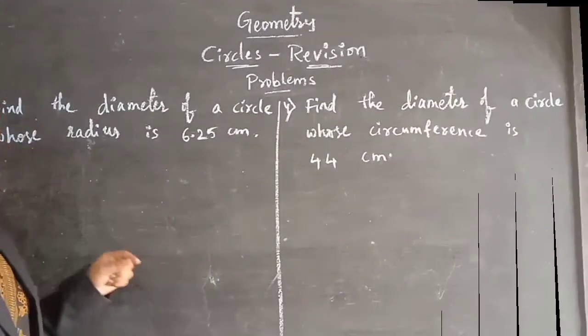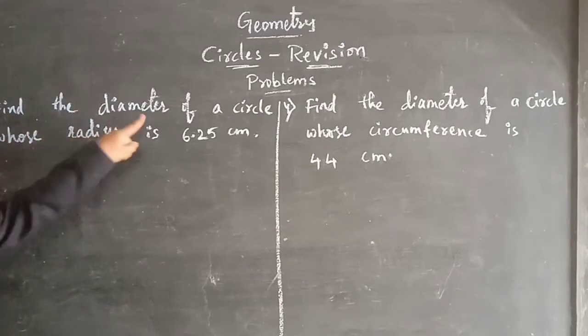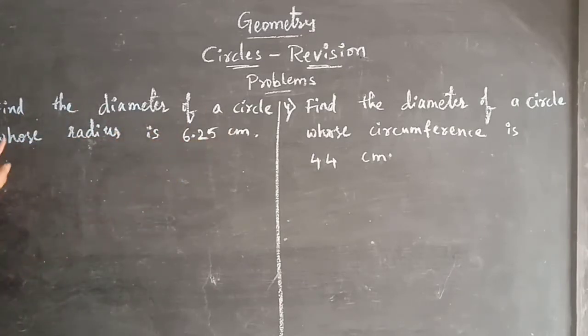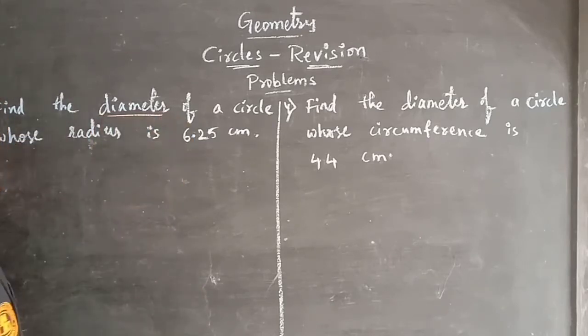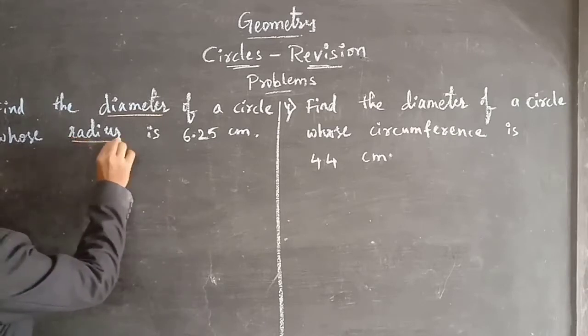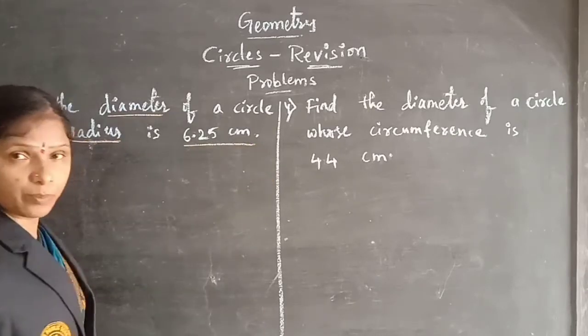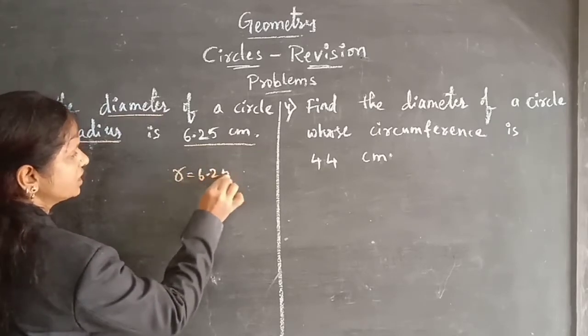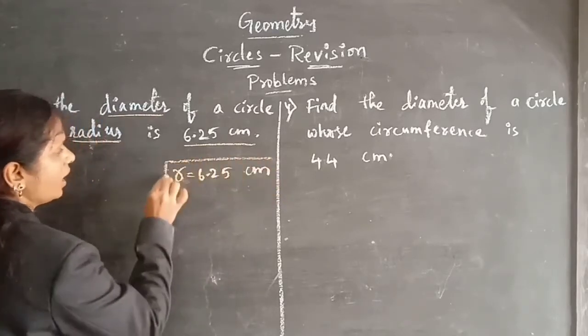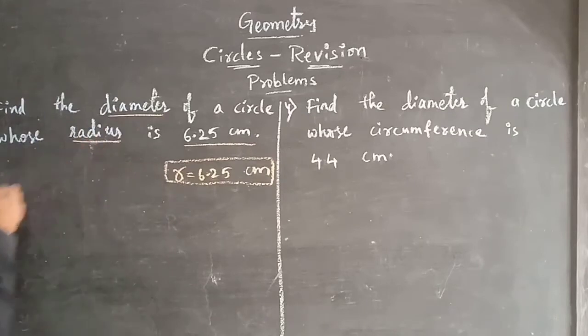Yes children, next problem. Find the diameter of a circle whose radius is 6.25 centimeters. So here we need to find the diameter, and the given value of radius is 6.25 centimeters. And what is the relation between the radius and diameter?